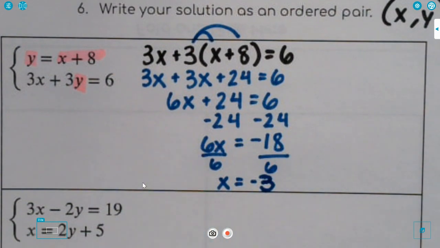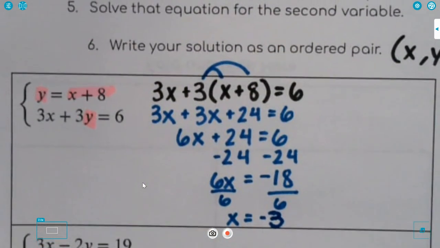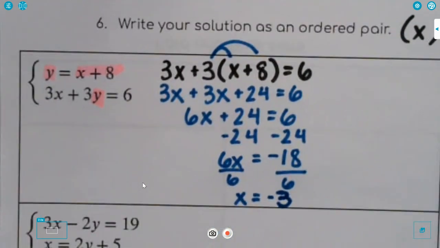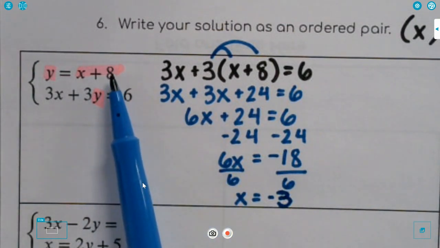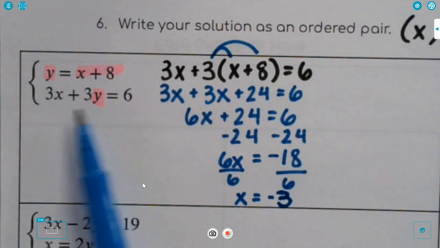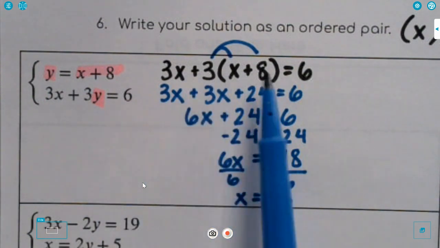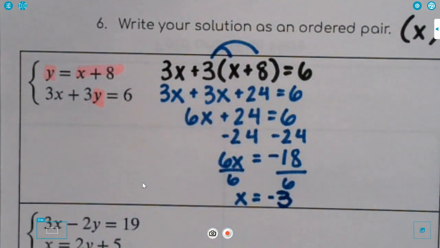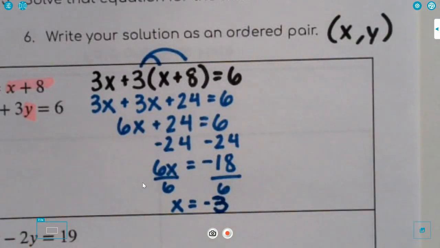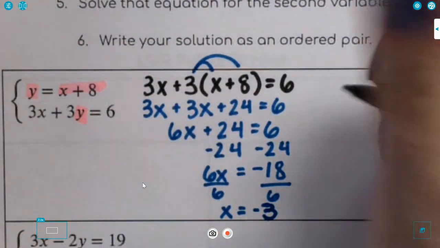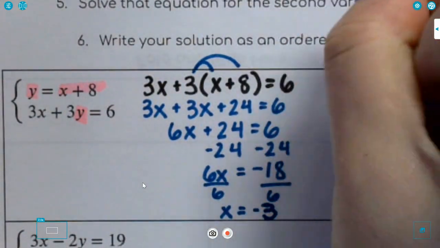Okay, so we are ready for step 4 then. Step 4 is to substitute this solution that we just got back into the other equation. So we've used the equation 3x plus 3y equals 6, because that's what we started with here. We're going to use the other equation now. So I'm going to write it over here, so I've got it fresh where I can use it. y equals x plus 8.